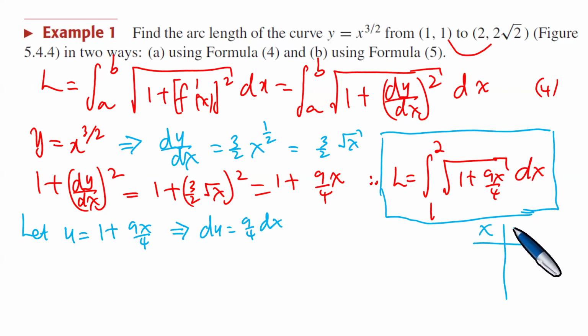There are x limits of integration, but also there are u limits of integration. 1 to 2. Right, so now if x is 1 here, what is u? So you're going to have 1 plus 9 over 4, which is equal to 4 plus 9, which is 13 out of 4.